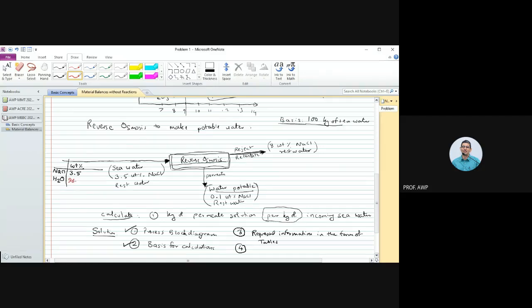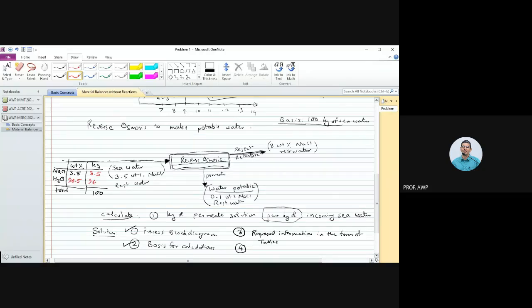So 96.5 weight percent. What else do I know from this stream? My basis in terms of kgs is 100 kgs of this incoming stream. So if it is 100 kgs of this incoming stream, it will contain 3.5 kgs of sodium chloride.